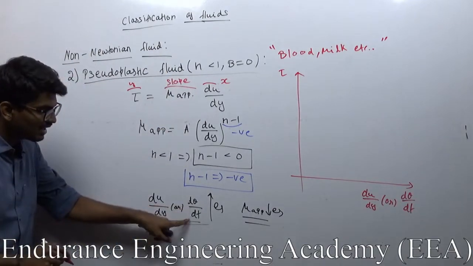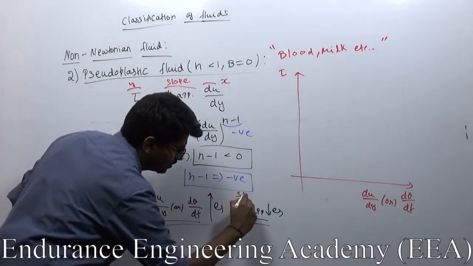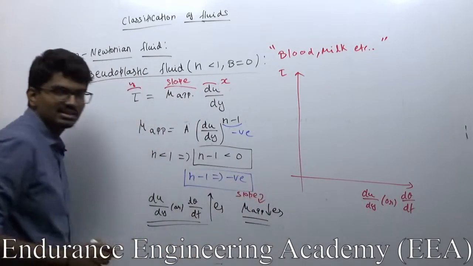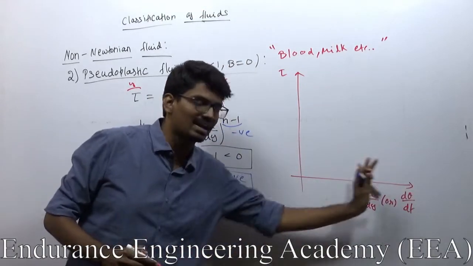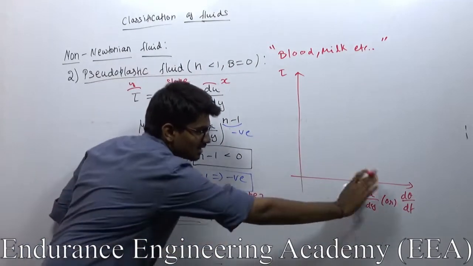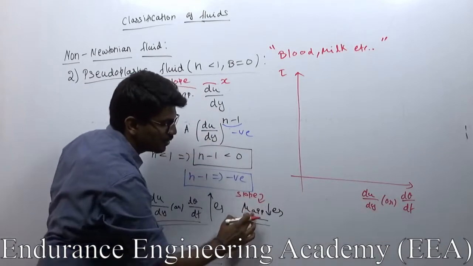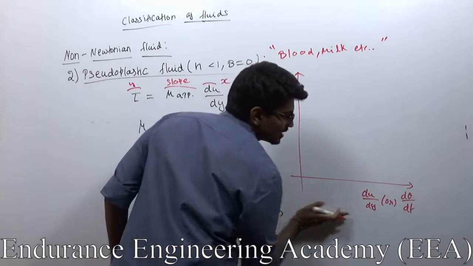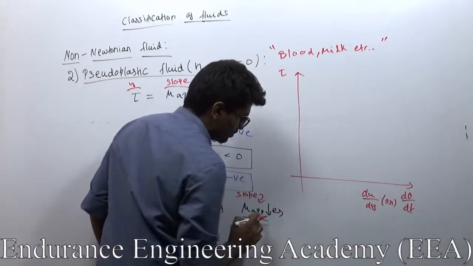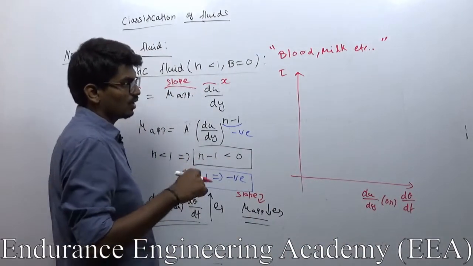If d theta by dt increases, my slope value is decreasing. In this direction du by dy is increasing, so mu apparent will decrease, which means the slope decreases, right?